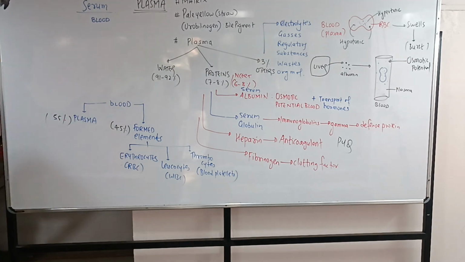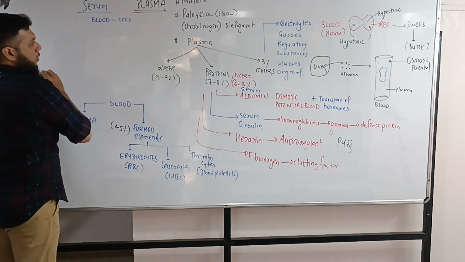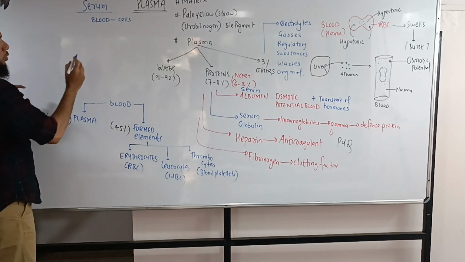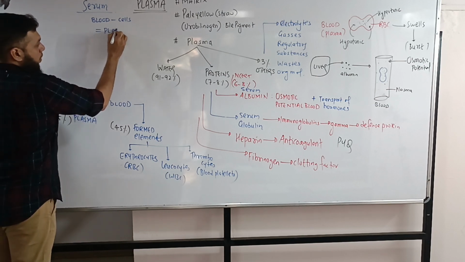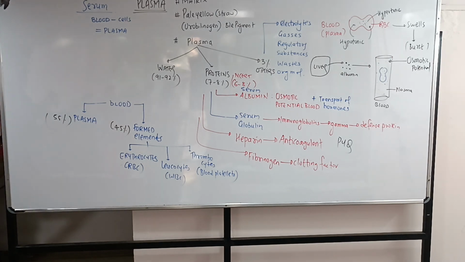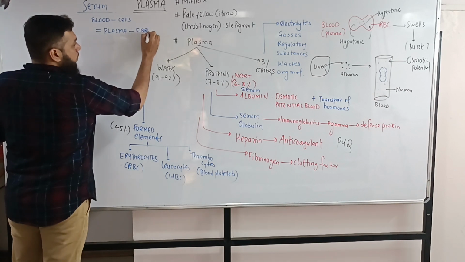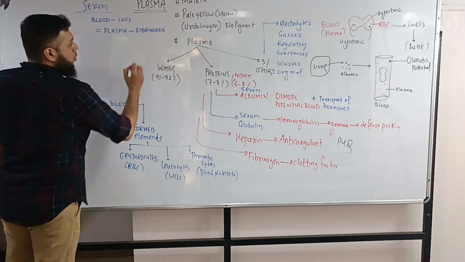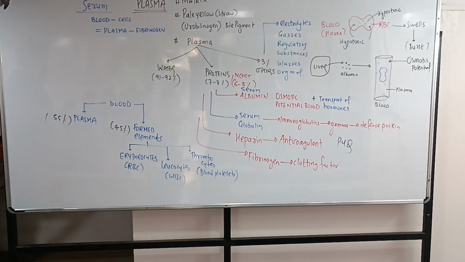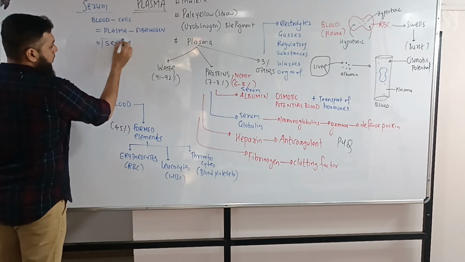From the blood, remove the cells. If you remove the cells from the blood, what remains? Plasma. Now from this plasma we remove the clotting factors. Now will the plasma clot or not clot? Because you have removed them. As a result you have a liquid which is called serum.